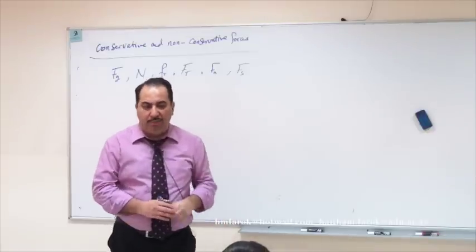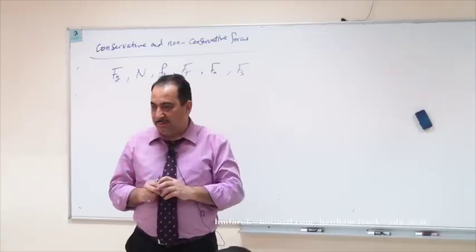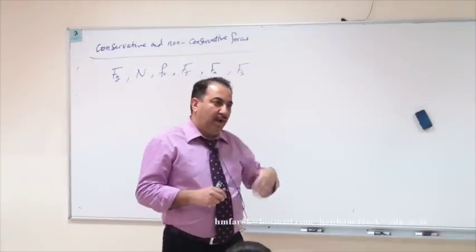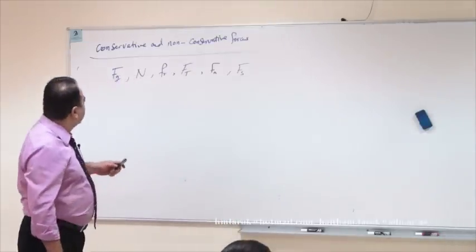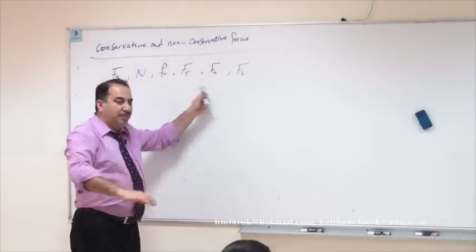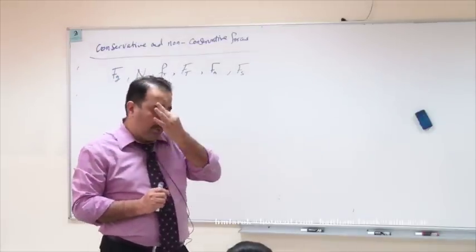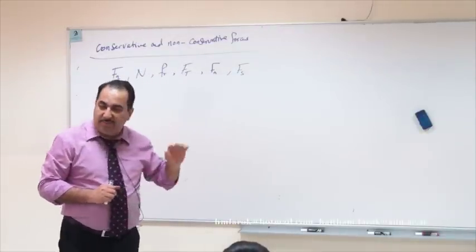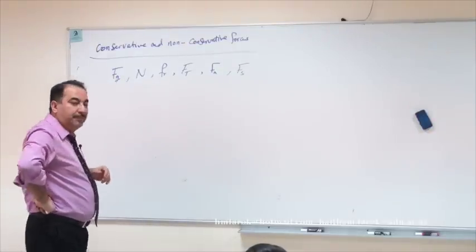Of course, this is the list for the mechanical parts of physics. When you have electricity, you have other forces as well, yeah? Electrical force. Now, it means some of these forces are conservative, some are non-conservative. Of course, I'll explain what is conservative and not. But as a guess, which one do you think is conservative?